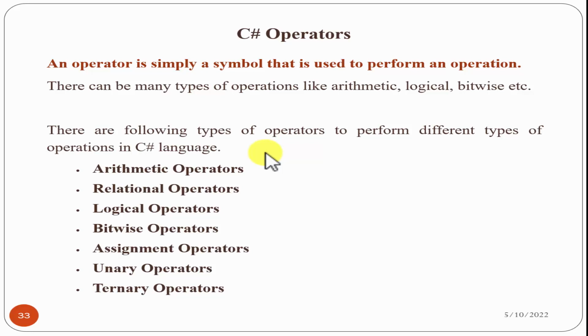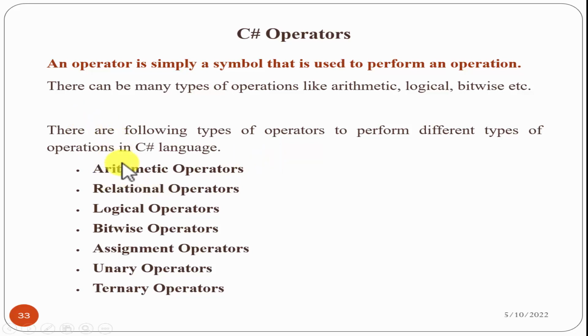Logical operators: A and B, B or C. Logical AND operator is binary. Logical OR operator is binary. Logical NOT operator is unary. So you should be careful: where we use one operand, it is a unary operator; where we use two operands, binary operators; where we use three operands together, ternary operators.